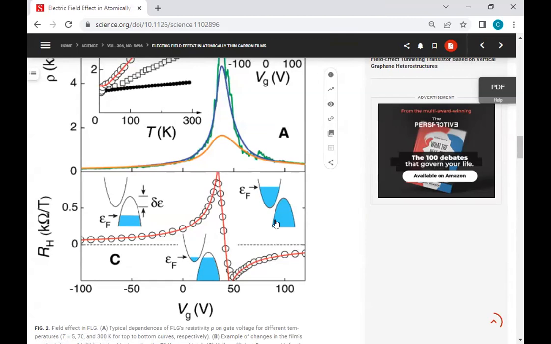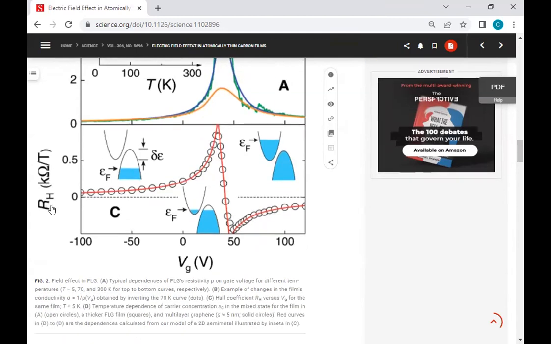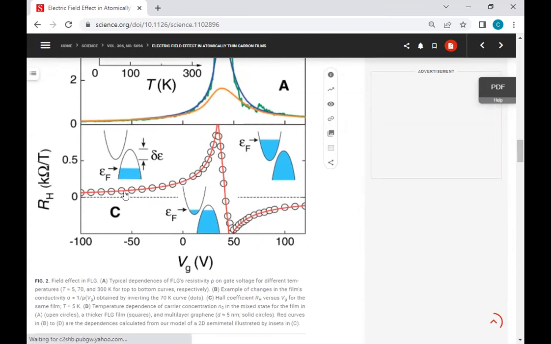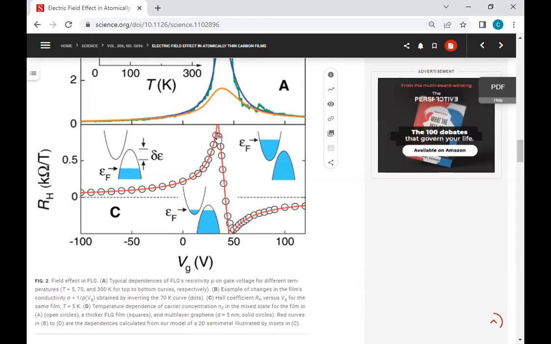So in this case, they had this. Now you see that this measurement is the Hall coefficient. And over here it is positive up to some value. Then it flips sign. When it's flipping sign, they think that it's because these two overlap, right? And it starts filling up electrons, and then there's also holes right here.